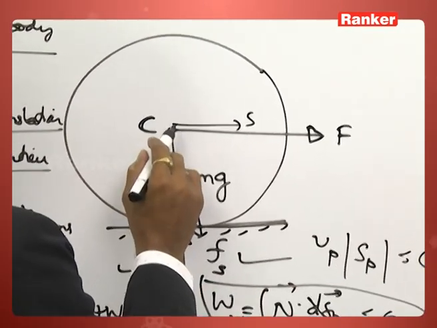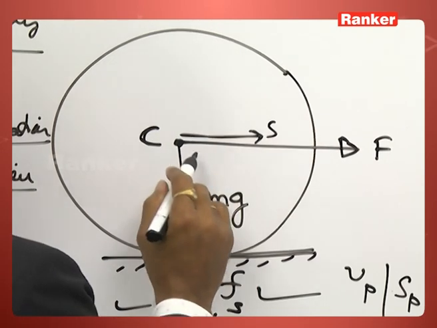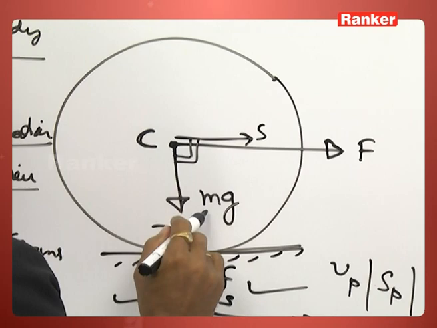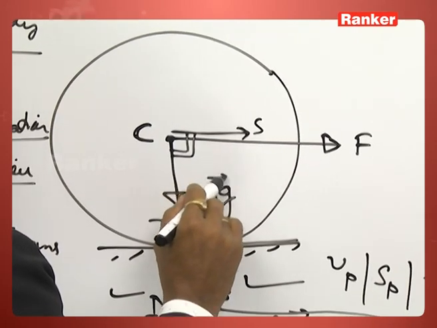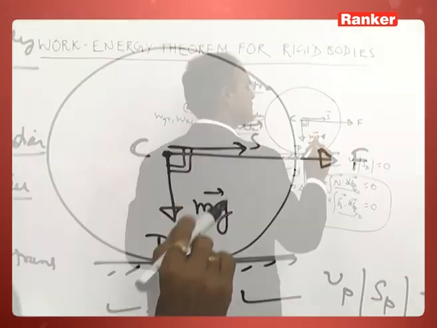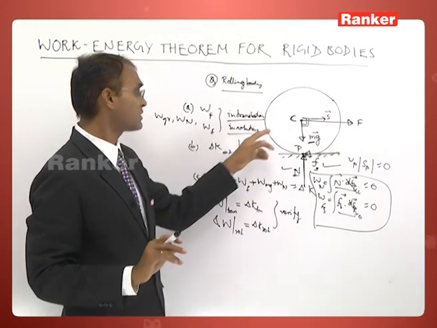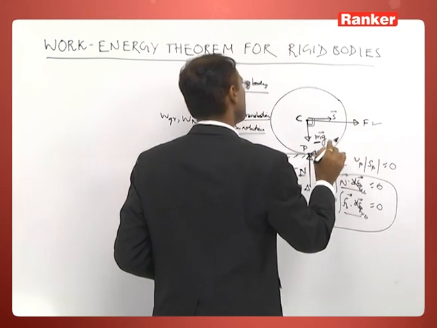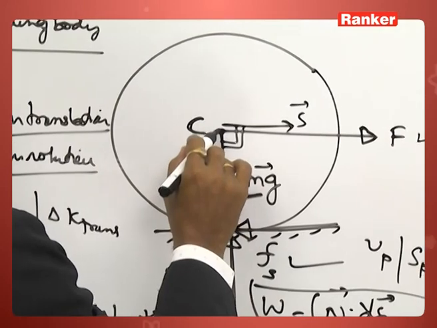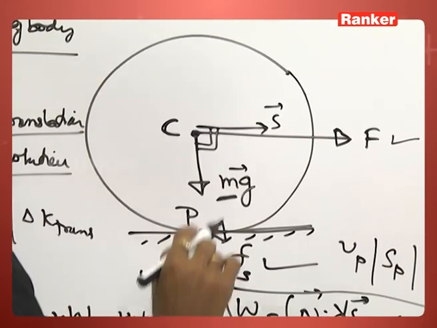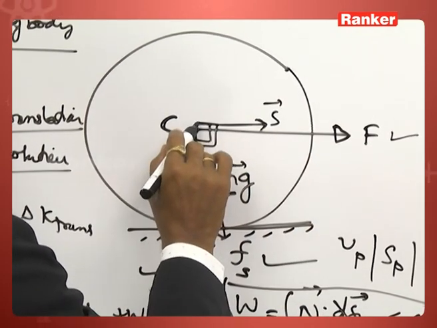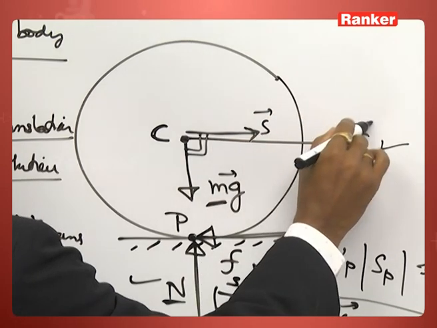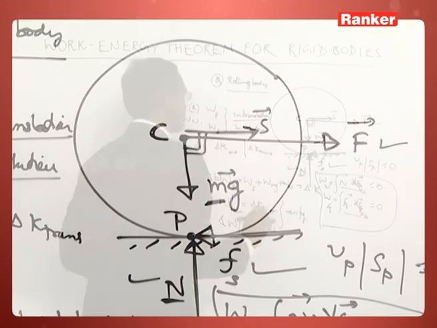Since the center of mass point moves horizontally, and the gravity force is acting vertically, the angle between these two vectors, the force and the displacement, is 90 degrees. Therefore, the gravitational force cannot perform any work, and the applied force is acting at this point, and it can perform some work because this point is displacing in this direction. The angle between the displacement and the force is 0 degrees.